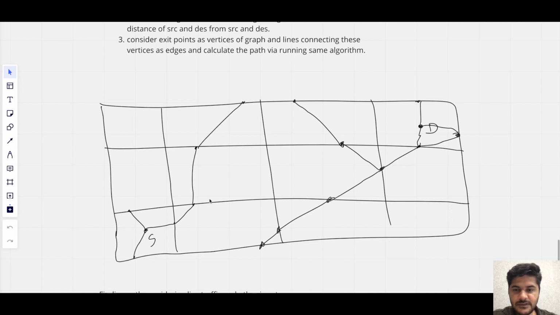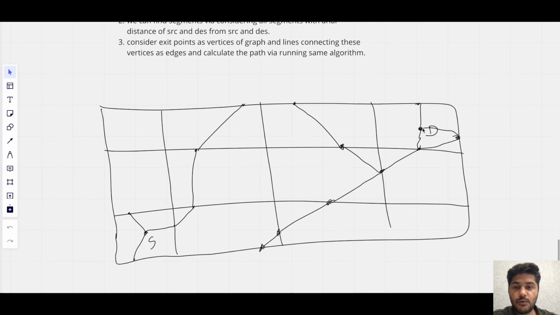Let's think that I have to go from this S to this D. Even if I consider all the exit points of all the segments, then also on a real graph there will be billions of vertices, because there are so many segments in the entire world, and I will not be able to run any algorithm on that.